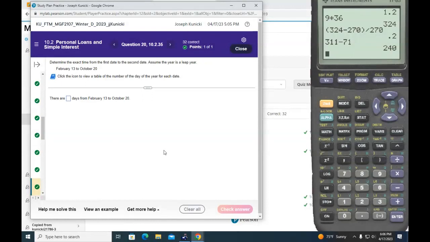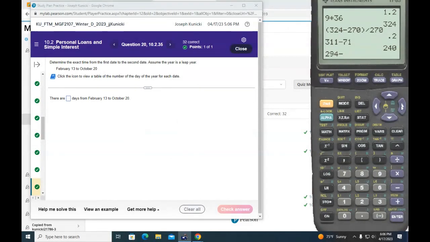How many days from February 13th to October 20th? So October 20th is, I'm going to go ahead and use my handout, 293. And February 13th, oh, it is a leap year. It says it's a leap year on that one. So this is 294.